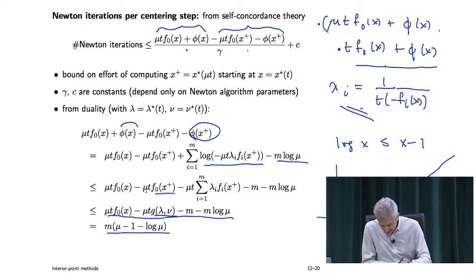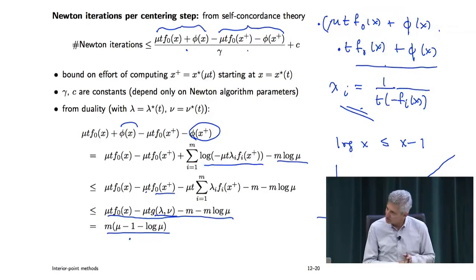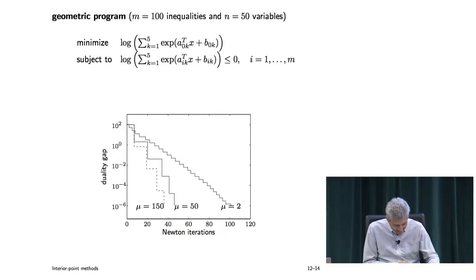And it even tells you more. It tells you that, for example, if mu were kept small, this number would be very small, right? It would be like 1. And there are names for those methods. You can choose mu so that, in fact, 1 Newton step will suffice, right? That would be even less aggressive. I don't know if you remember our examples where we had things that look like this here, right?